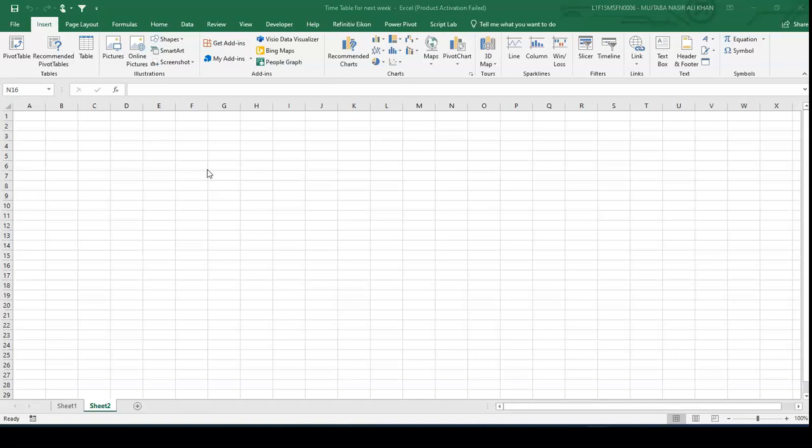I'm only teaching those formulas which are available in the exam. Look, I haven't told you any shortcut key of the Excel, because those will not be applicable in the exam, except copy paste. Copy paste and cut will be available. Other shortcut keys will not be available. I haven't told you the shortcut key of the auto sum or the other keys, because those will not be available in the exam.